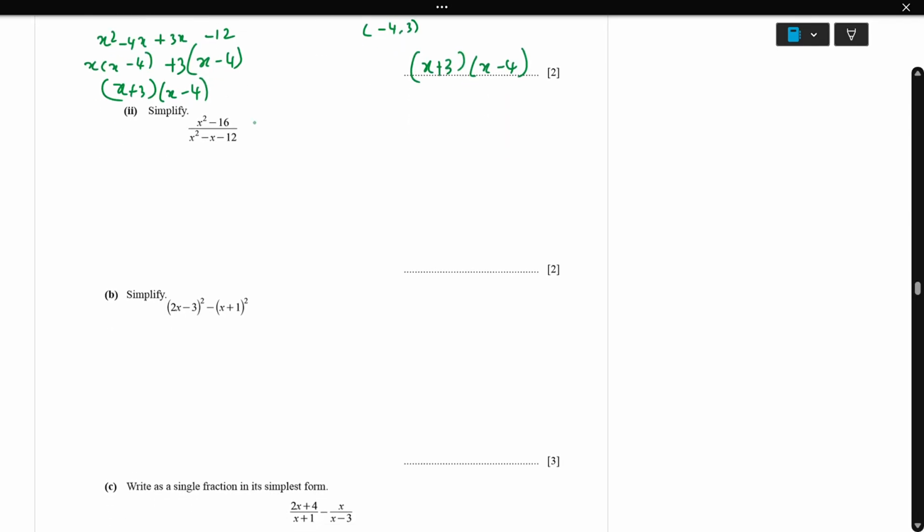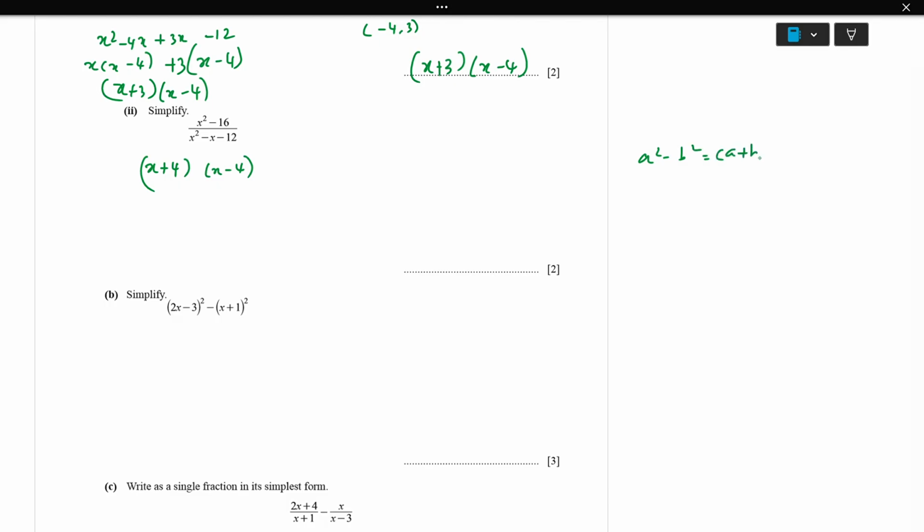The next question, simplify x square minus 16. We can write x square minus 4 square, because the identity is a square minus b square equal to a plus b times a minus b.